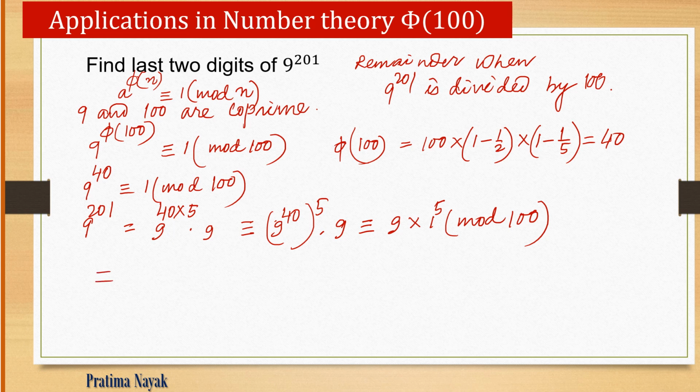So the remainder is 09. So when 9 power 201 is divided by 100, we get 09 as the remainder. So 09 are the last two digits.